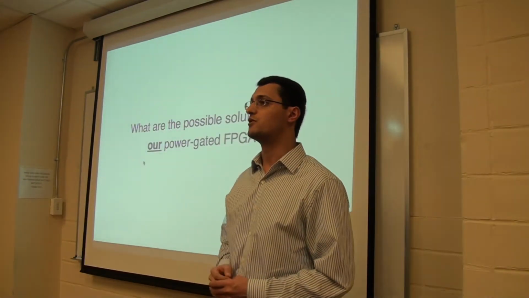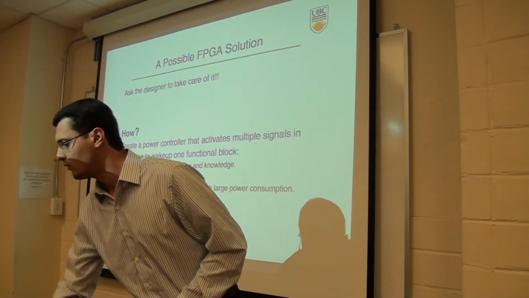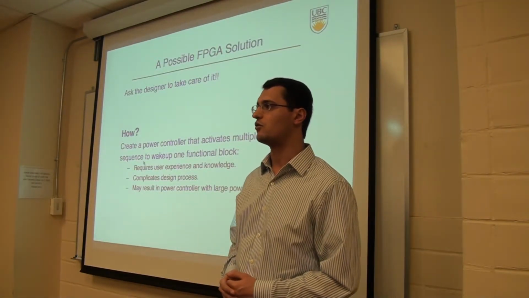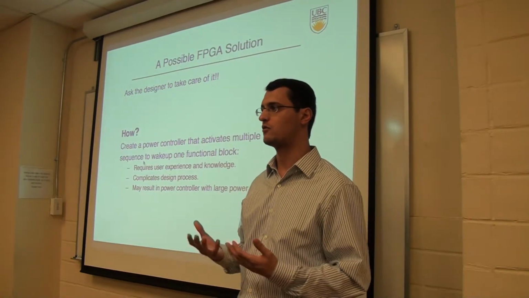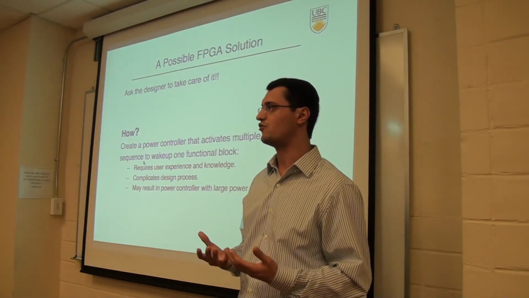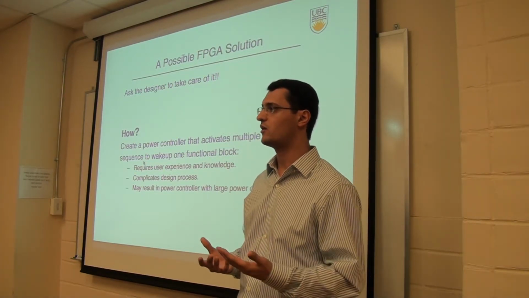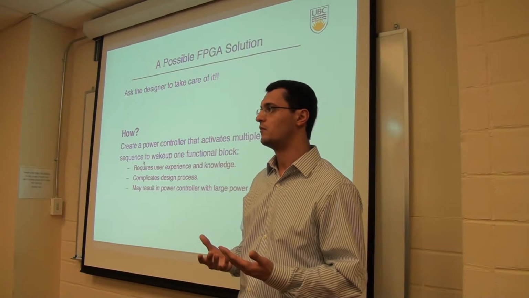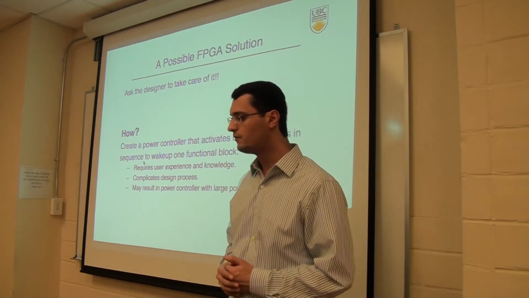So what are the possible solutions for our FPGA architecture? We can just ask the designer to take care of that. The designer, when designing the power control circuit, might design it so that it wakes up one power gating region in a power domain at a time, using multiple control signals that come from the power controller.